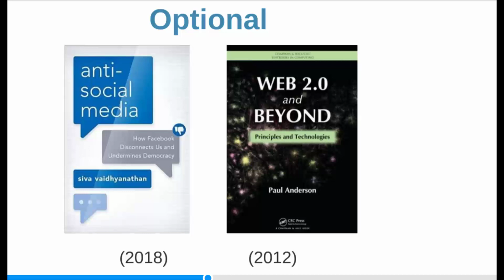This book provides a nice balance to the optimistic view of the use of social media in education. And while a little dated, Paul Anderson's 2012 book, Web 2.0 and Beyond, is in some ways now a history book, and I feel that the background he provides is good grounding for any educator. These are both optional, and I'll allude to both of them as the term progresses.